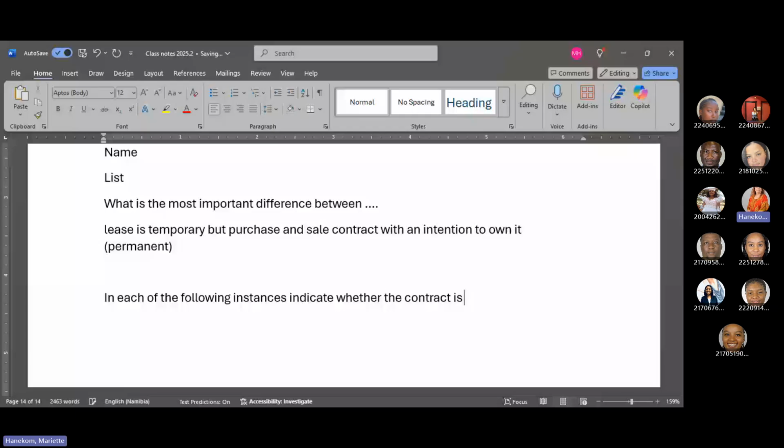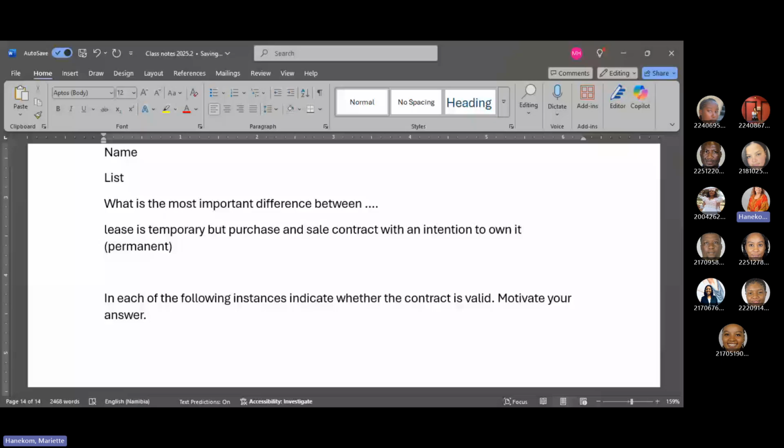This is just an example, this isn't the actual question. Motivate your answer. So there's 1 mark for whether it's valid, void, or voidable, and then 1 mark for the motivation.